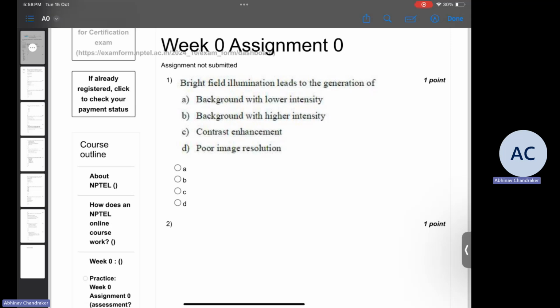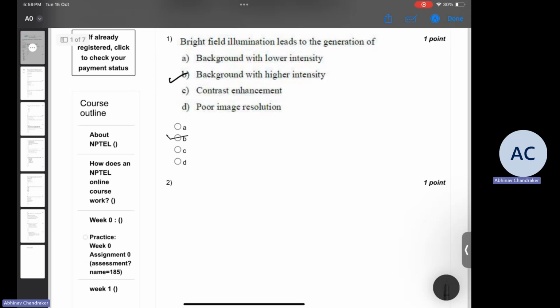Because of that, your background will be of higher intensity, while all the features will be of lower intensity. So the correct option will be B, background with higher intensity. We can also understand this just by looking at the term bright field, since the background is brighter when we are using bright field.